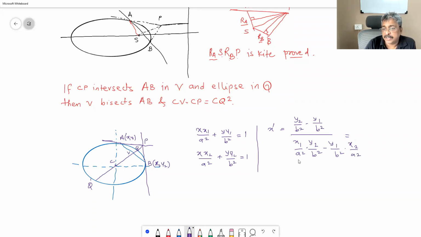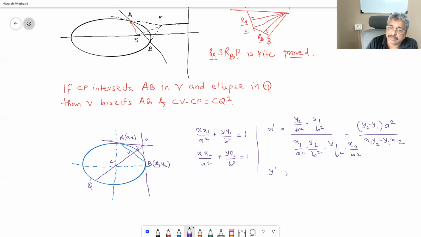If you simplify this, the denominator LCM is A square B square and the numerator LCM is B square. Therefore you end up getting y2 minus y1 times A square divided by x1 y2 minus y1 x2. This is your x coordinate.